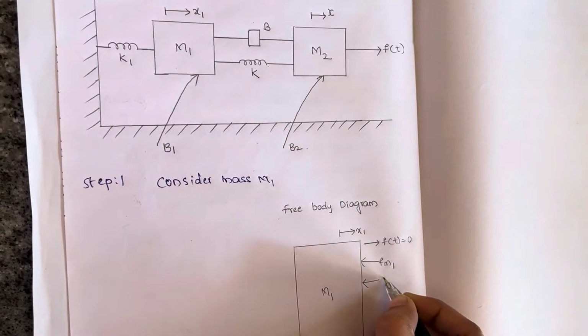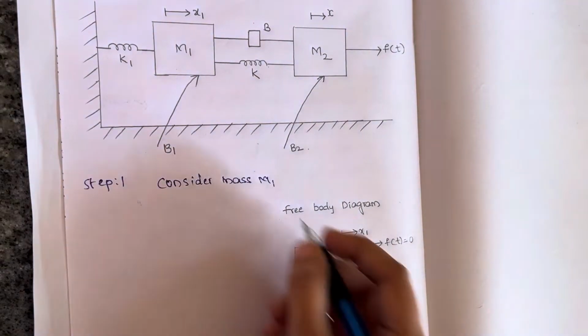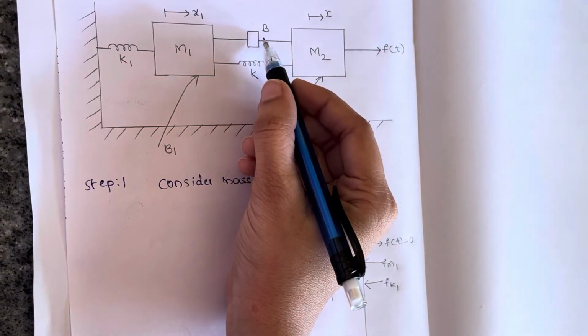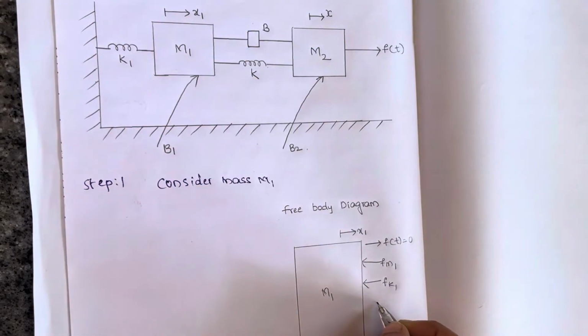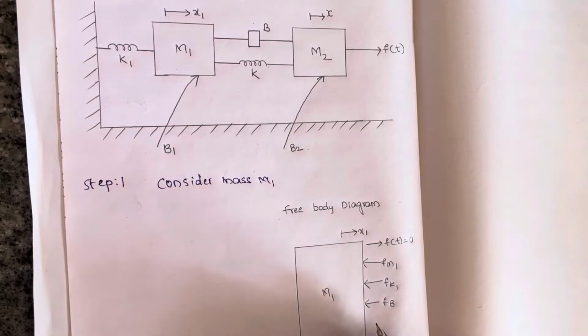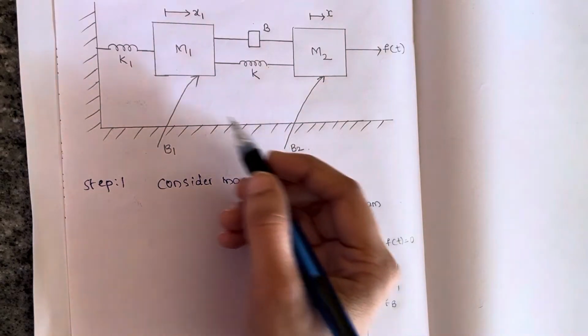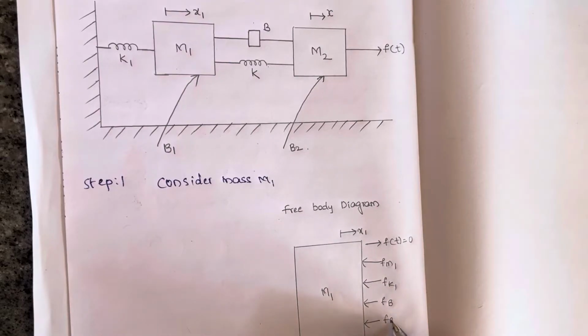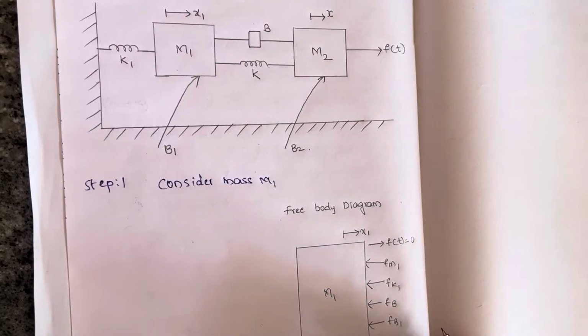K1 is nothing but spring, fk1, and we have b, which is nothing but dashpot, fb1, and we have b1.